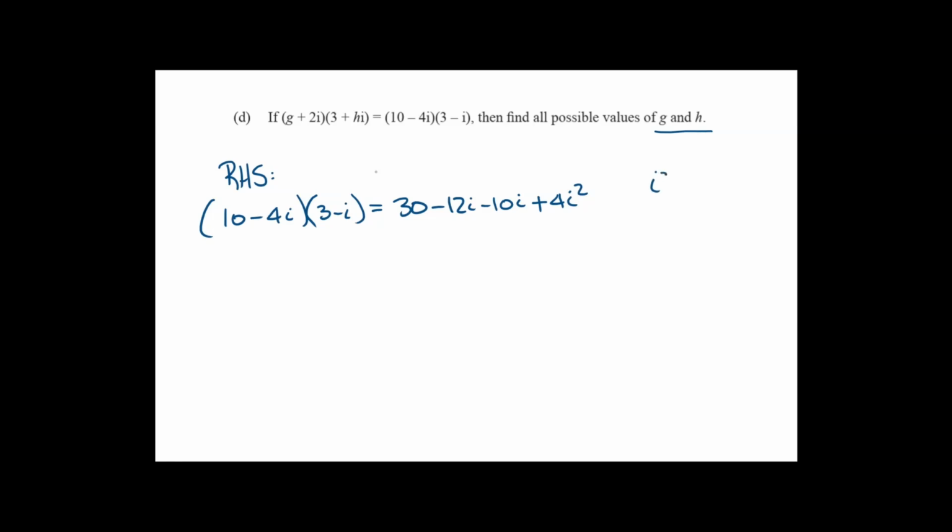Now remember, i squared is negative 1 by definition. So we can rewrite this as 30 minus 22i minus 4, which is 26 minus 22i.